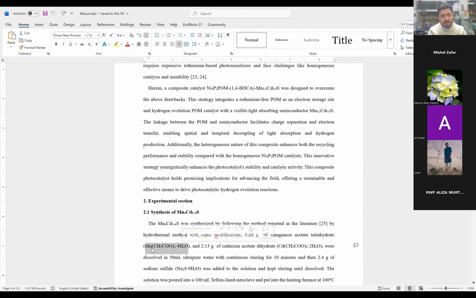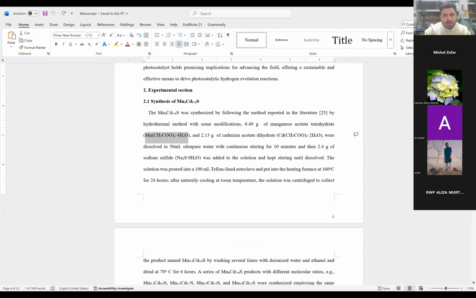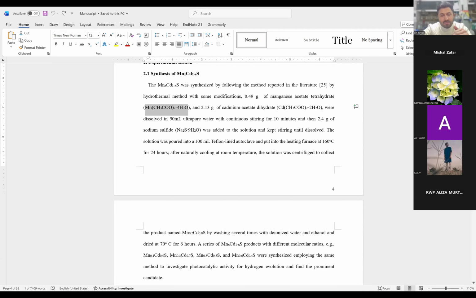For the XRD, FTIR, and other characterization like SEM and TEM, I also described the methods in the supporting information file, to make maximum space for the research work in the main text.